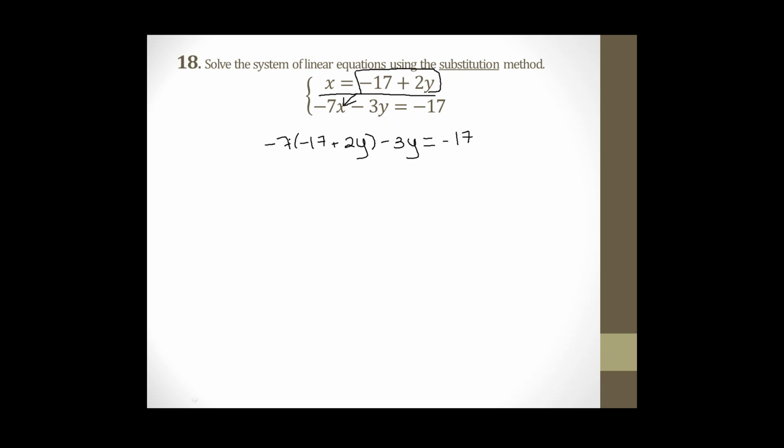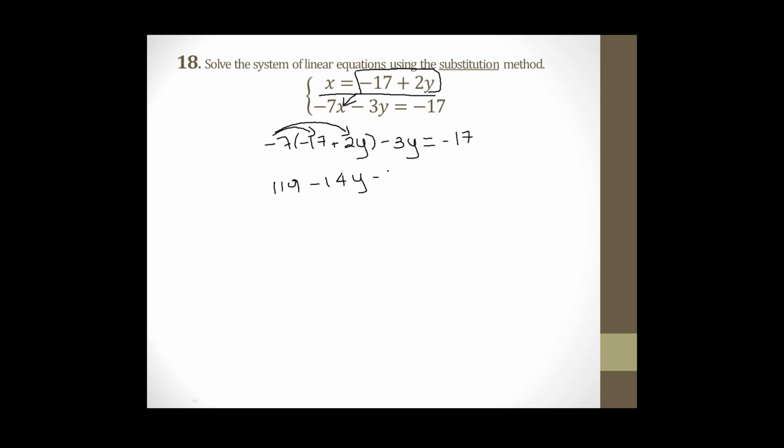So to get rid of parentheses, I'm going to need to distribute. Let's see if my helper would tell me what's -7 times -17. Oh, never mind. It's 119. Positive, and then -7 times 2y, that'll be -14y.